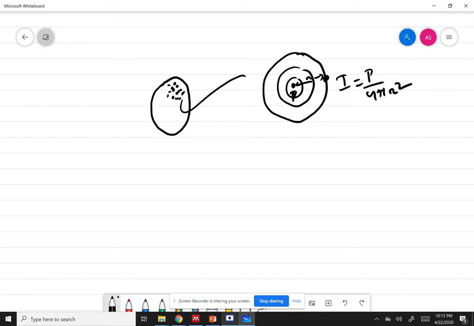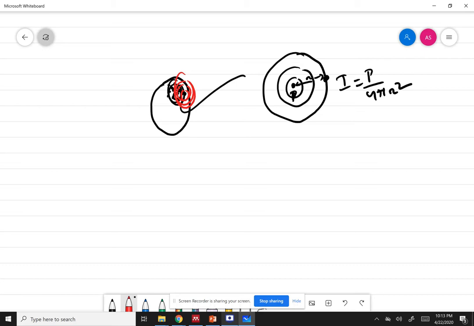So each of these points can be considered as radiating a spherical wave, and the resulting sound intensity at any given point can be considered as a sum of all these intensities produced by all the point sources on the transducer that you are considering.